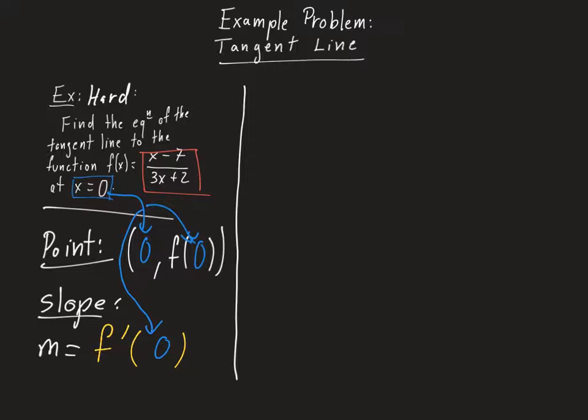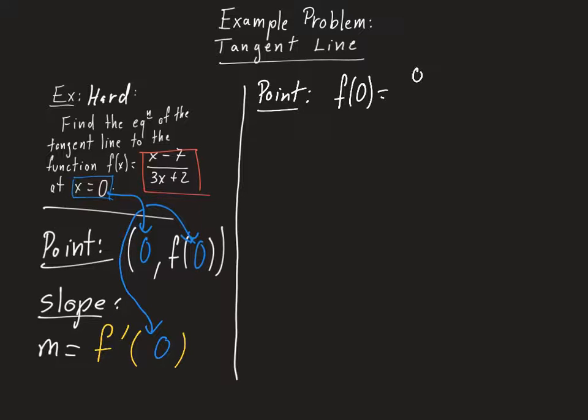So once more, as every single time you ever have to find the equation of the tangent line, we have basically two things to find out and then one equation of a line to determine. So first off, let's do the point. To do the point, we just need to figure out what f of 0 is.